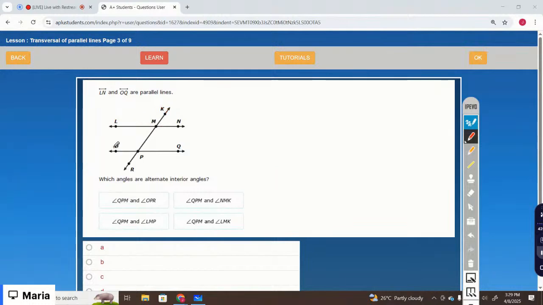Angle Q, P, M, and O, P, R, Q, R, M. Q, P, M, and option P is the correct option. They are the alternate interior angles.